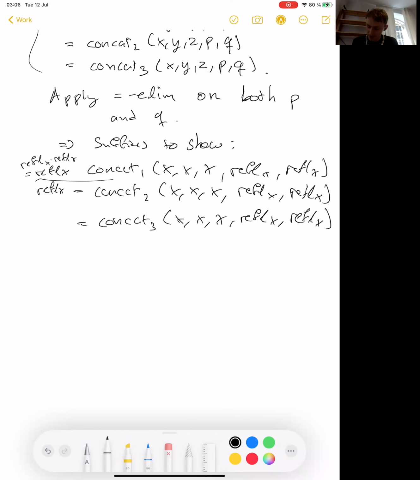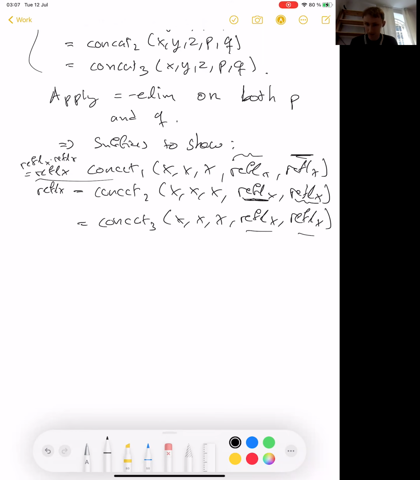Because the first one, when you have refl in the second argument, just projects the first path, which was refl. And the second one, the way that we constructed this, was that when we have refl in the first argument, it just projects the second path. So both concat 1 and concat 2 are going to be strictly just refl. And concat 3, well, we defined it only for the refl case, right?